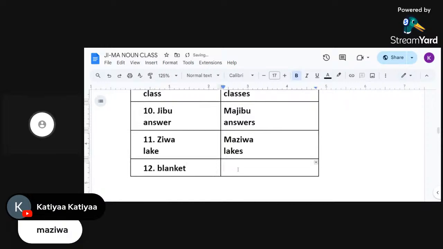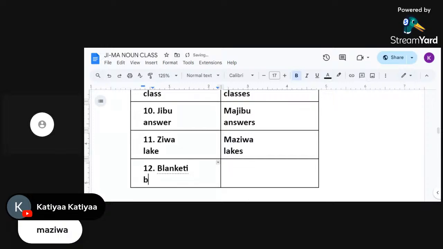Okay, 12. Blanketi. Blanketi is a blanket. If there are many, how do you say a lot of blankets? First, as I said, we are identifying the nouns in the Ji-Ma class. Then we will learn how these nouns agree with other parts of speech, like the verbs.